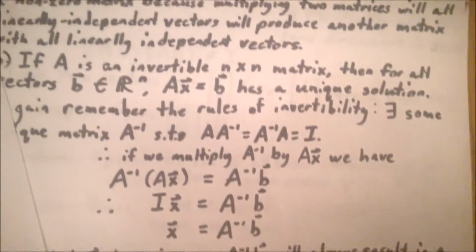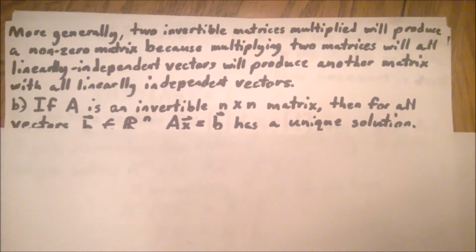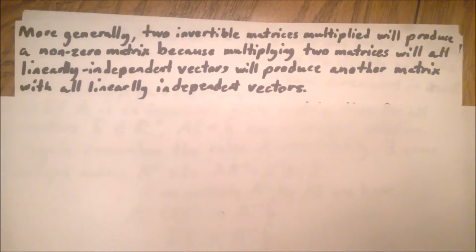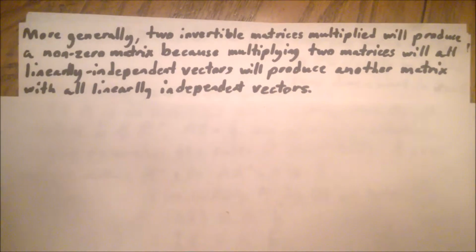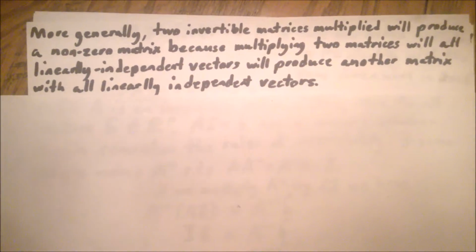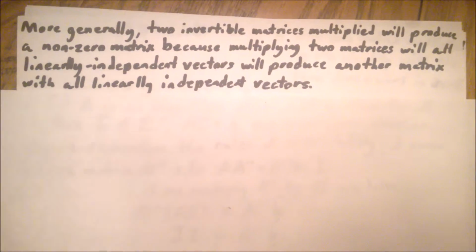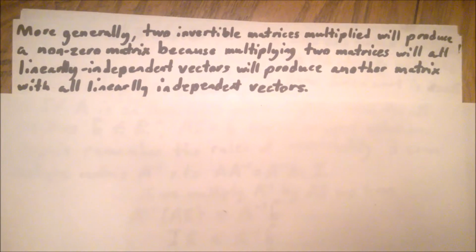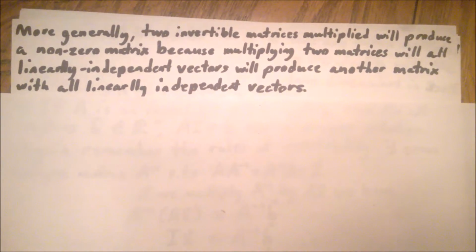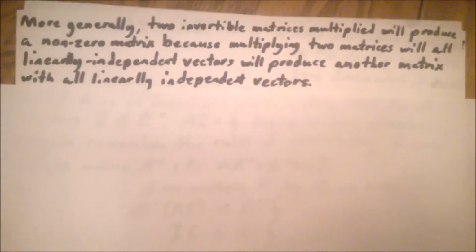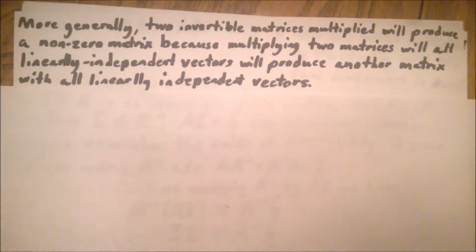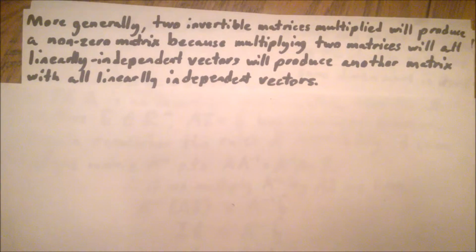Now, something to keep in mind is that more generally, two invertible matrices multiplied together will produce a non-zero matrix because multiplying two matrices with all linearly independent vectors, which, if you remember from problem 4, was a definition for invertible matrix, will produce another matrix with all linearly independent vectors.